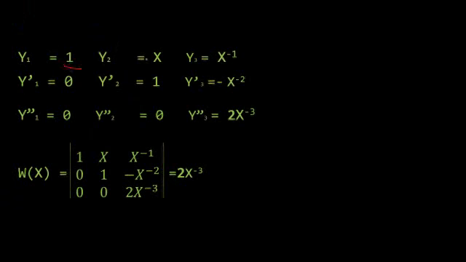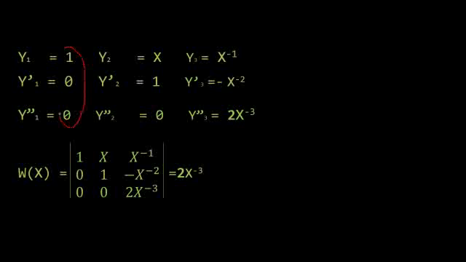Then differentiating this, 0, 0, and differentiating this, 0, this one differentiating. So we now will be able to find the value of the Wronskian.